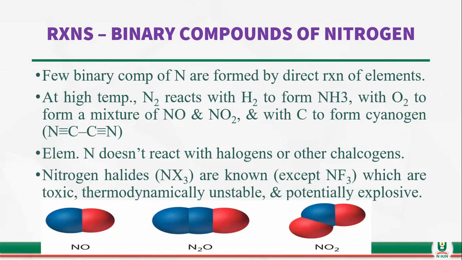So you can have nitrogen reacting to give NX3, where X is your halogen. You can have NCl3, NBr3, NI3. But the first member of that group 7, which is fluorine, has a very high electronegativity compared to all other members of the group. So the trihalide of nitrogen with fluorine cannot be possible. So you can form trihalide compounds with all group 7 elements except fluorine. Why? Because they are very toxic, thermodynamically unstable, and highly explosive in nature because of short half-life.